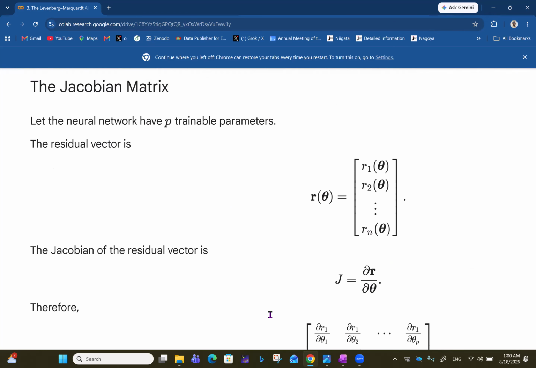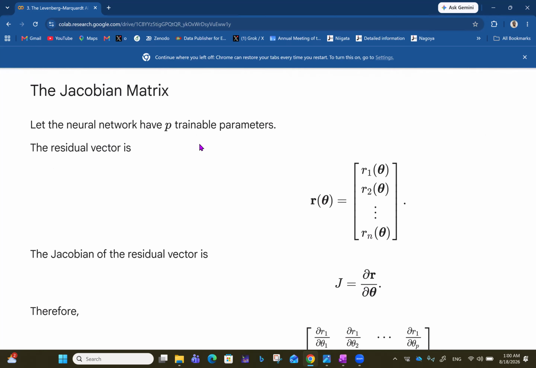Now, talking about the Jacobian matrix. Let the neural network have p trainable parameters, so that you have the residuals R of theta, from R1 of theta all the way down to Rn of theta. Then the Jacobian of the residual vector is J equals partial R over partial theta, with theta 1, theta 2, up to however many parameters you have.